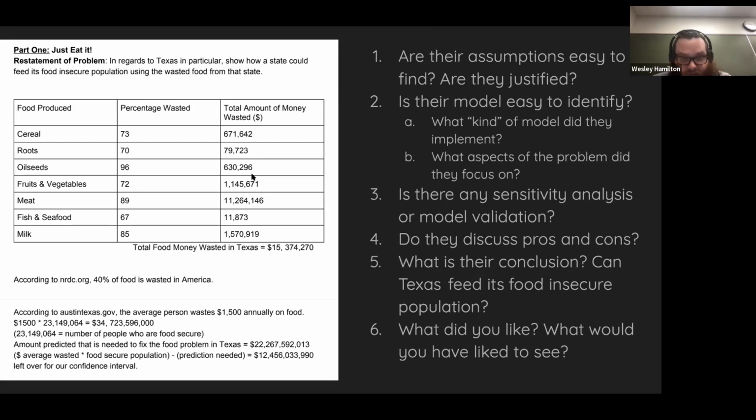Okay, so we have a response: they don't really have any assumptions clearly stated or justified. I would agree. There was no sensitivity analysis, so part 3, it's correct. They don't really discuss pros and cons. Another response says they're unsure what kind of model they are using. I might say they're using a very simple model, and if you want to give it a name, you might say it's a linear type model.